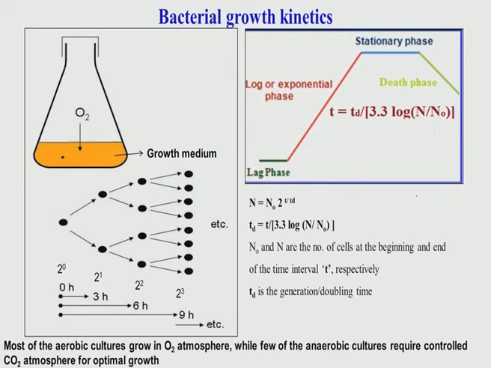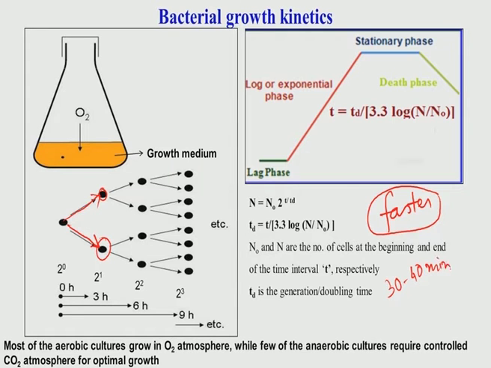Bacterial growth also follows a similar growth pattern as in other cells: 1 to 2, 2 to 4, and so on. The only difference between the eukaryotic cell and the bacterial cell is that the growth kinetics here is much faster. The typical doubling time in bacteria is somewhere between 30 to 40 minutes.